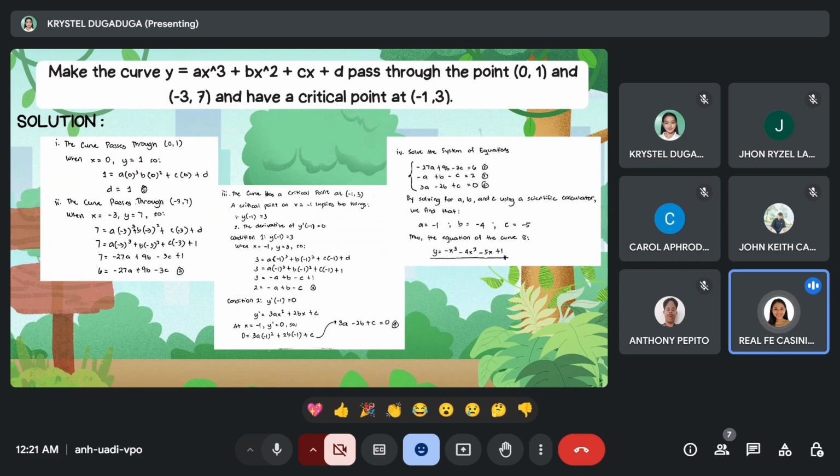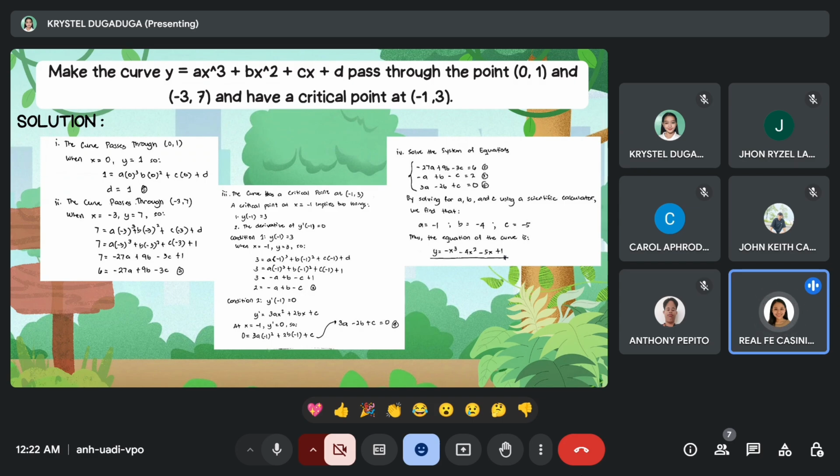When x is equal to 0 and y is equal to 1, we have d is equal to 1. Second, when the curve passes through negative 3, 7, when x is equal to negative 3 and y is equal to 7, we have 6 is equal to negative 27a plus 9b minus 3c.